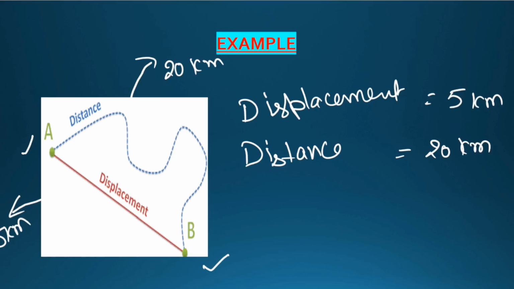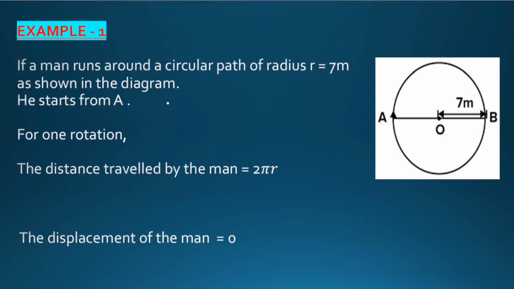To understand better, take one more example. If a man runs around a circular path of radius 7 meters. He starts from A. A person wants to run around this circular path. Now here he starts from A. After completion of one rotation, he reaches the same position.